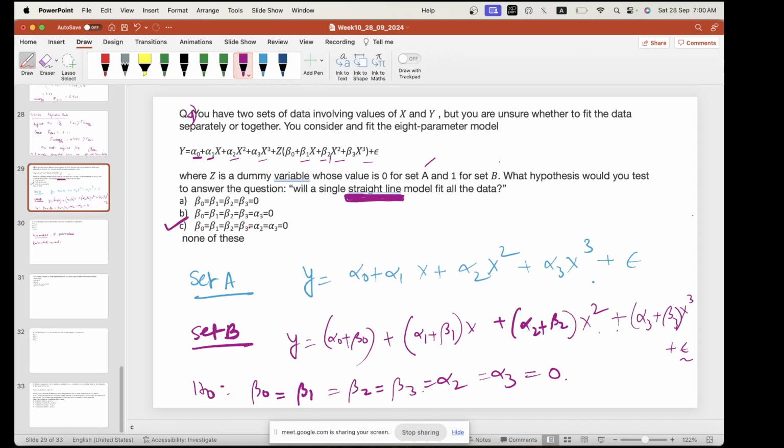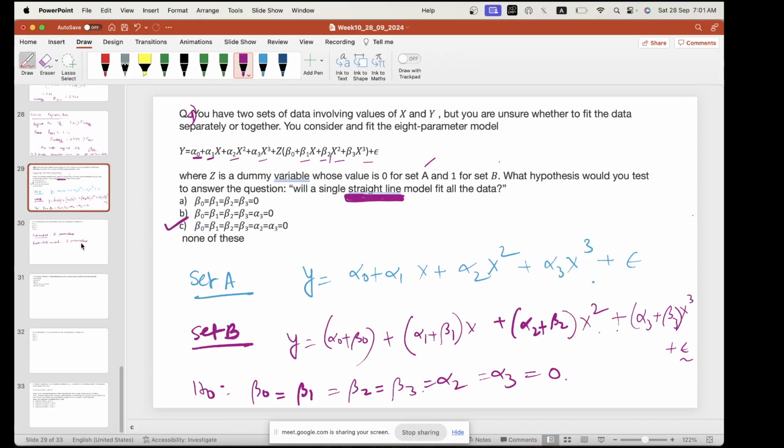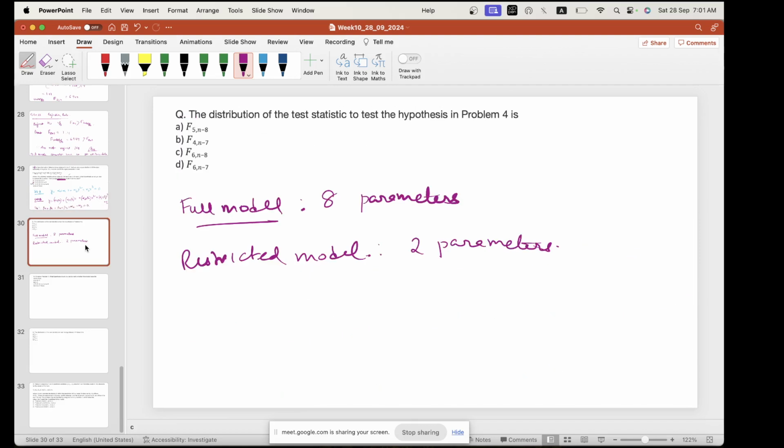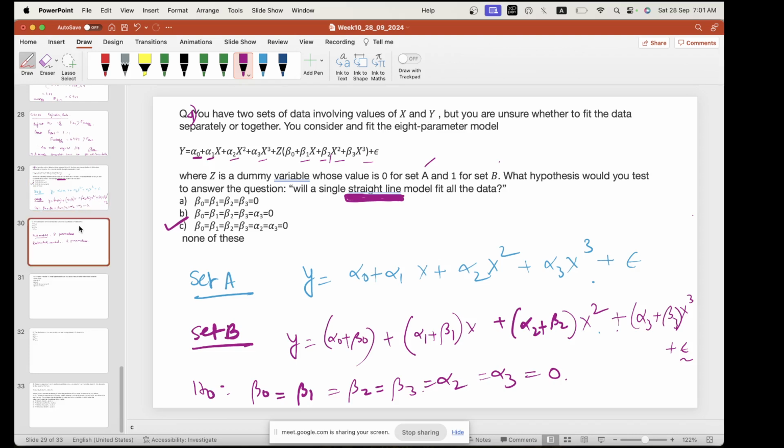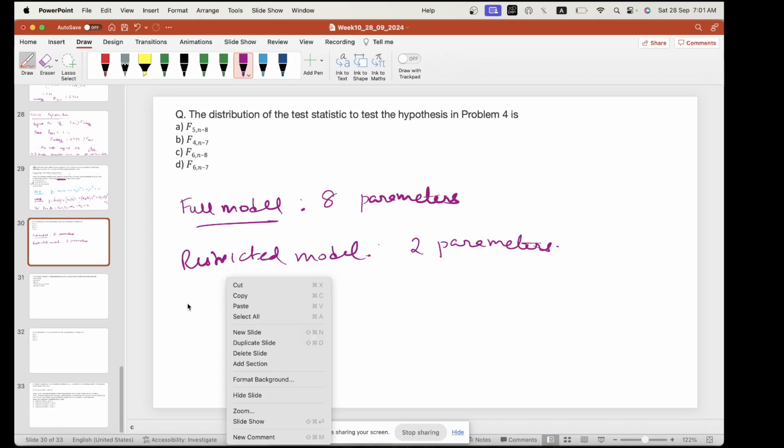We are setting 1, 2, 3, 4, 5, 6 to 0, so we are left with 2 parameters. So in the restricted model, we are left with 2 parameters, and we are setting R. What is that?